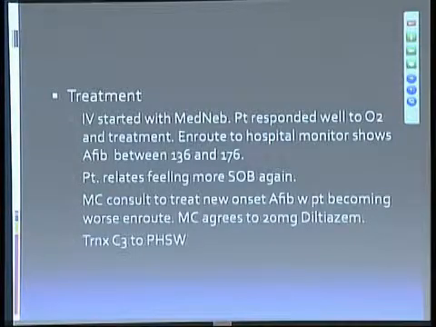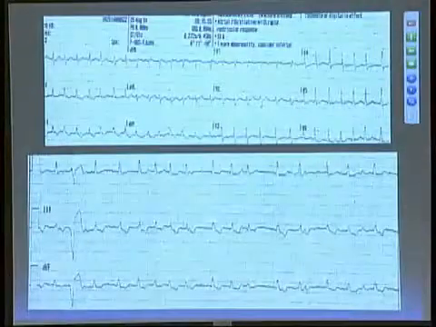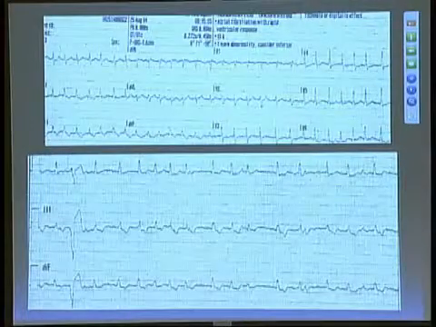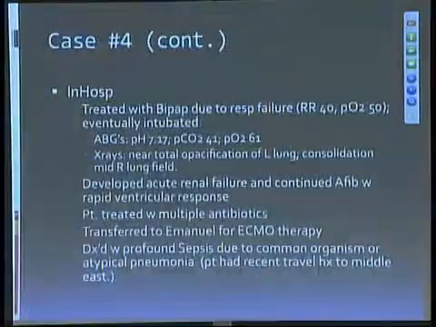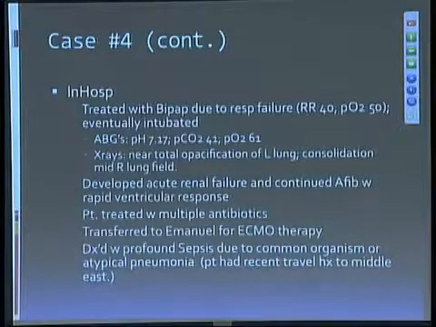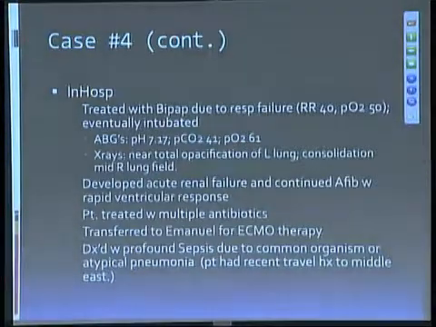He started feeling more short of breath again. Medical control consulted and agreed to diltiazem for his AFib to slow the rate down. It worked, did slow his rate down, but didn't improve him much. Now, this is another case.